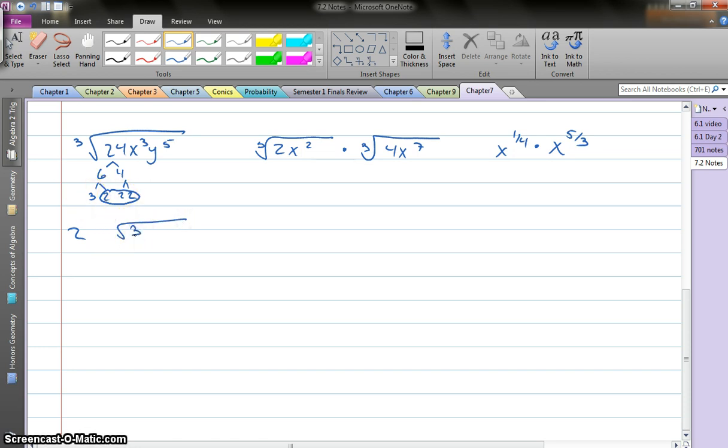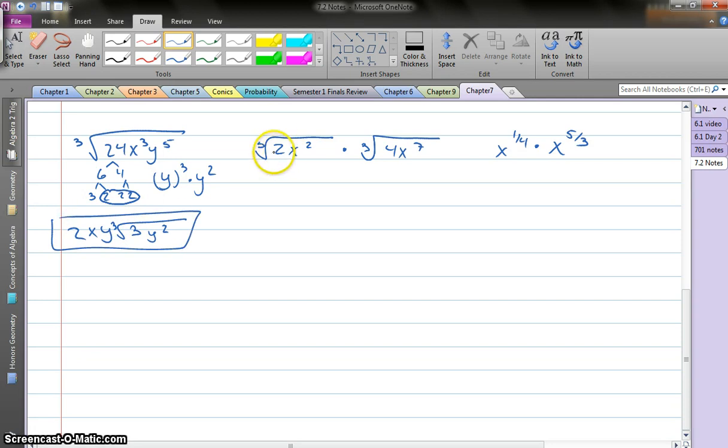Okay, similar to breaking down square roots, again, we're looking for 3's. X to the third, well, that one's easy. Now, y to the fifth, well, I can go y to the third, and I have 2 left over. So this y gets to come out, and this y squared is stuck in. All right, so that's my answer right there. And this is a cubed root. That stays the same.